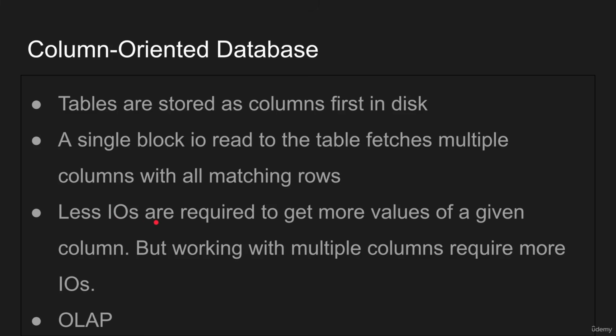Fewer I/Os are required to get more values of a given column, right? Because if you want the first 100 salaries, that is extremely efficient in a column-oriented database, because you just go to the place where we stored the salary column and walk through there, because you're going to see the values consecutive. We're going to go through the example, and they are great for online analytic processing, as we're going to see in the coming slides.